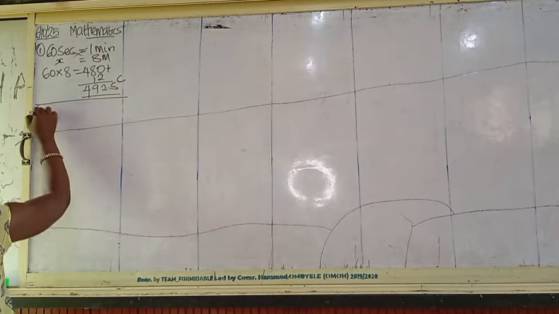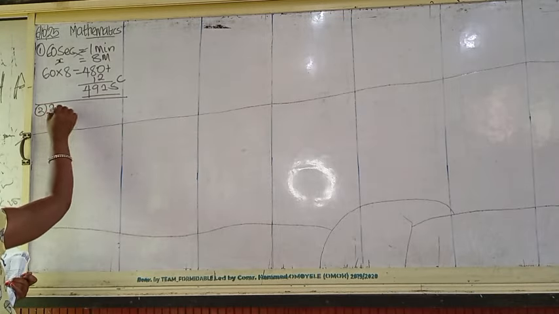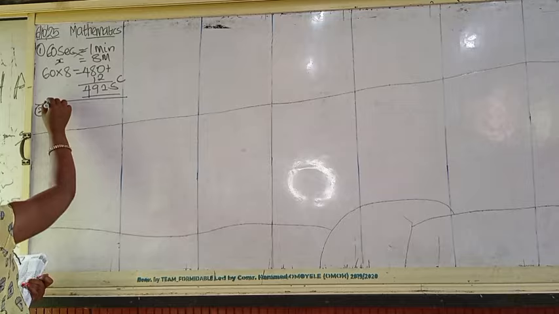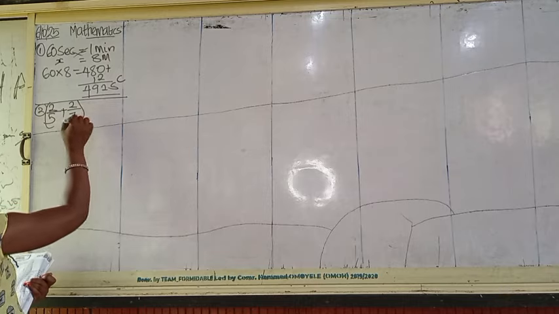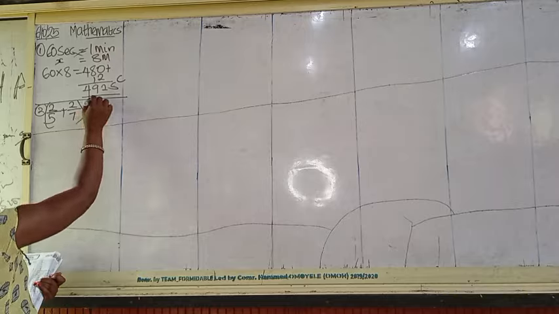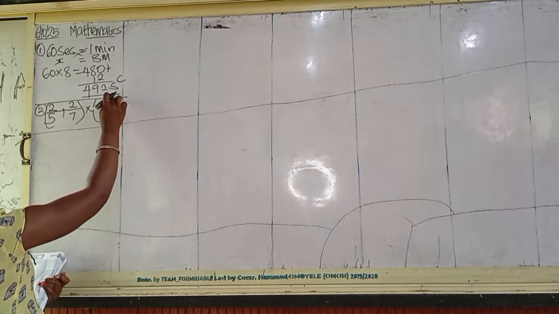So to our number 2, we have to simplify 2 over 5 plus 2 over 7 times 1 minus 1 over 8.